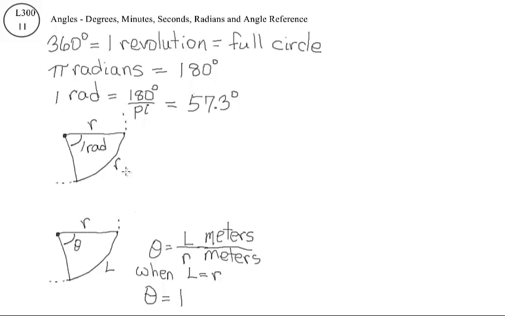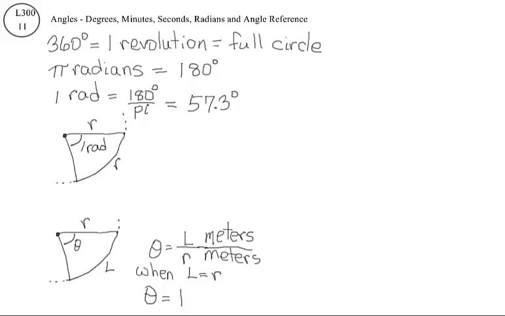What we saw earlier is when L equals R, then 1 meter divided by 1 meter is 1. That's the definition of 1 radian. No matter how big the circle is, as long as the arc length is the same as the radius, then that angle is 1 radian.